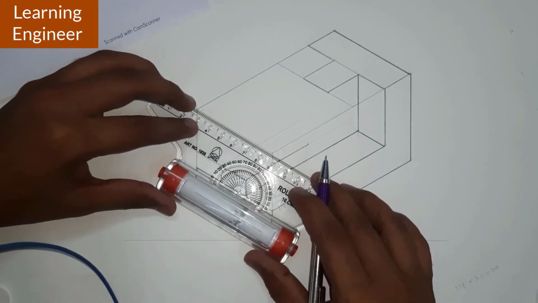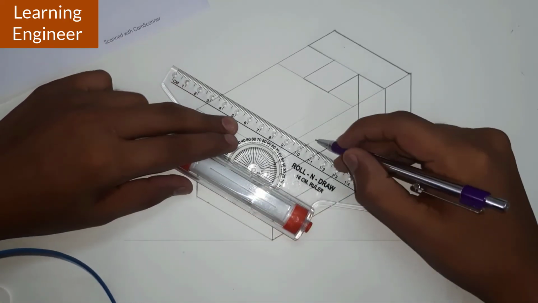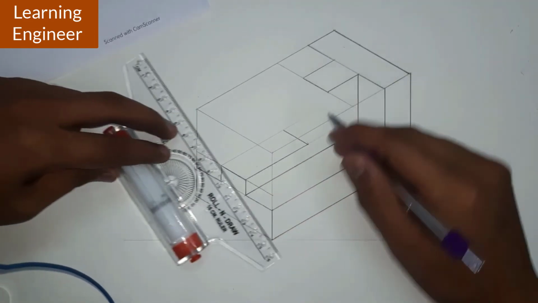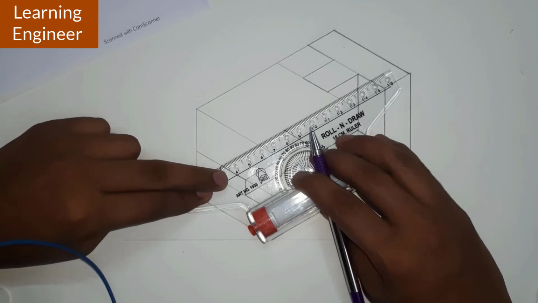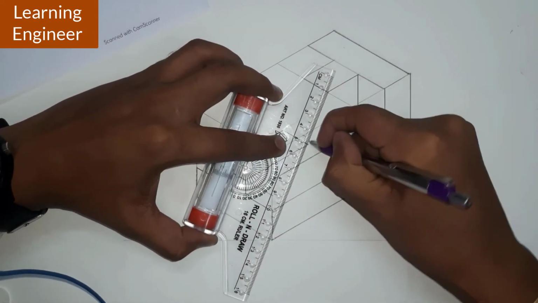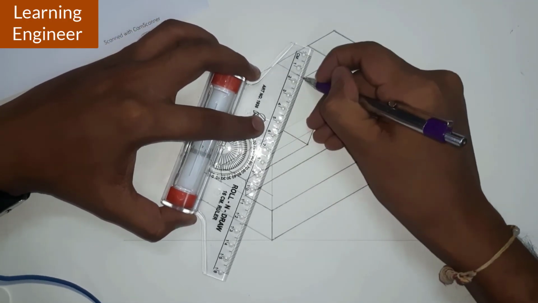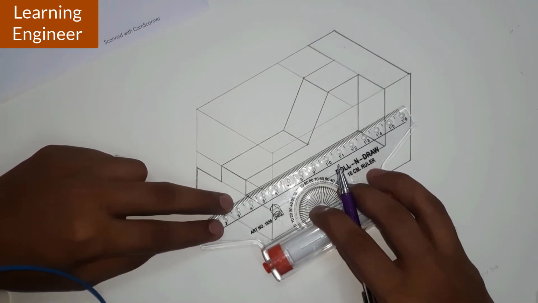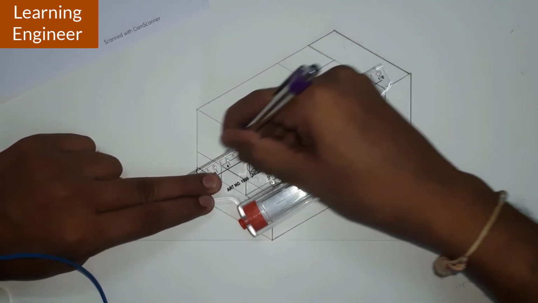And parallel to this I will be drawing a line passing through that particular point. And you have to join directly these particular points, and you have to draw a line parallel to this particular line passing through this particular point.